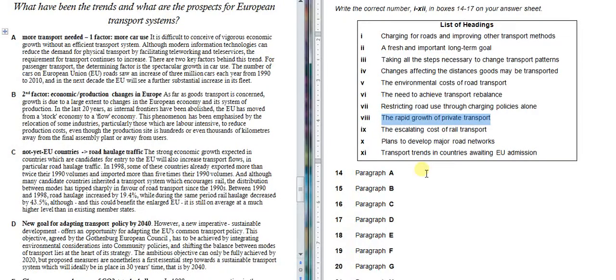Hey, we found it. Okay. Yeah, was it talking about private transport? Passenger transport, yeah. Okay, good. So A is 8. Good.